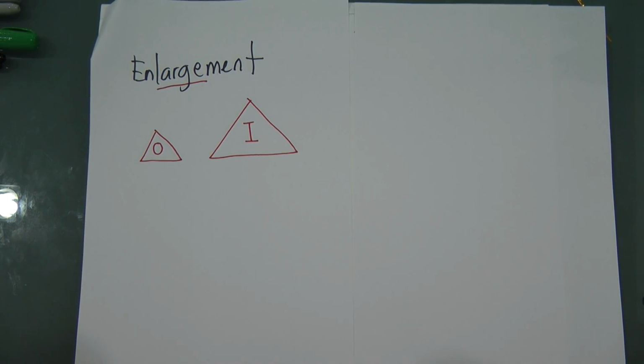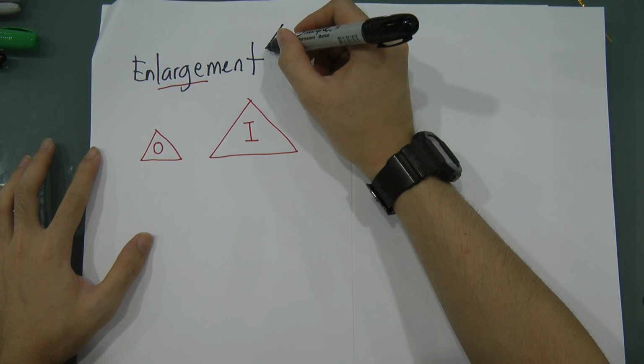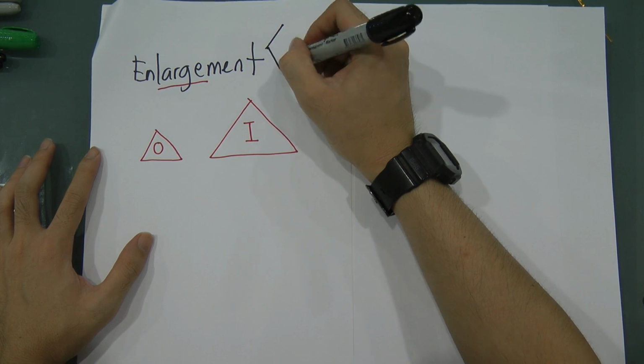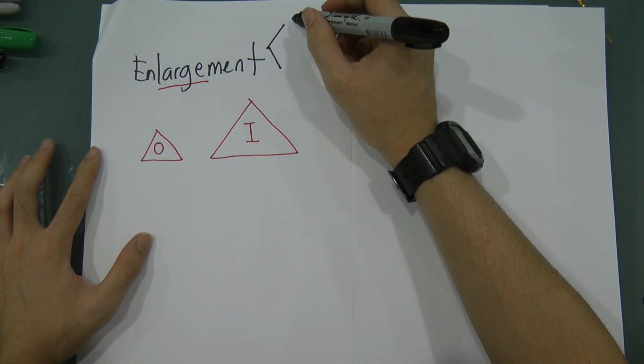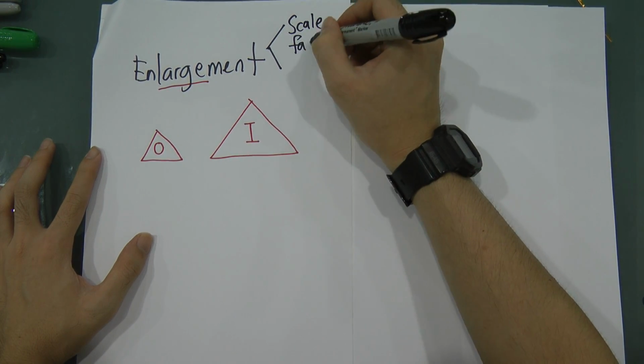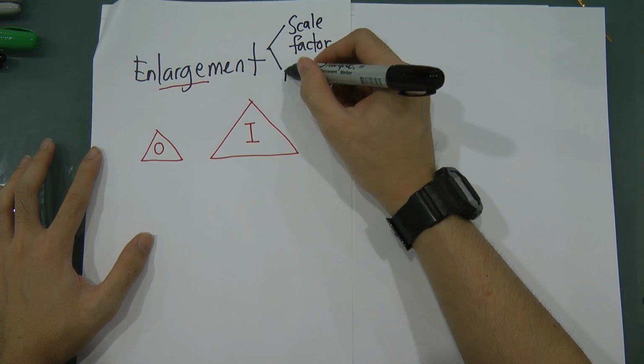Normally when they ask for enlargement, they will give you two pieces of information which I think are very important. The first and most important one is the scale factor, and the second one is the center point, or sometimes they call it the enlargement point.